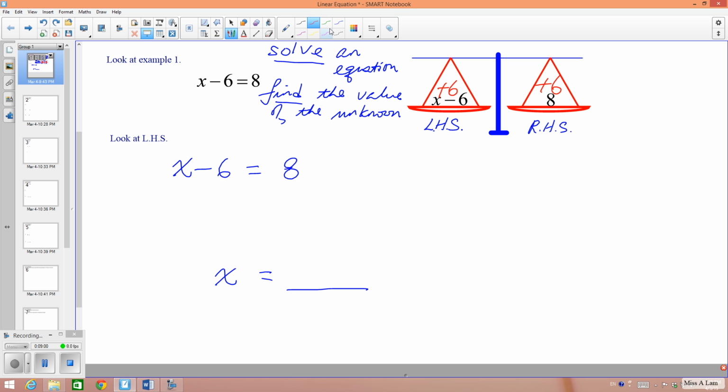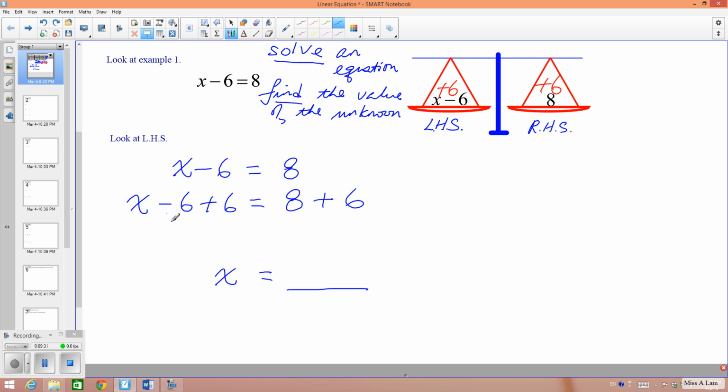Now, if we write here the steps in a proper way, we first have x minus 6, and we want to get rid of this minus 6. Therefore, we add 6 here, and then originally we have 8, but we have plus 6 on the left hand side. Then we have to do the same on the right.